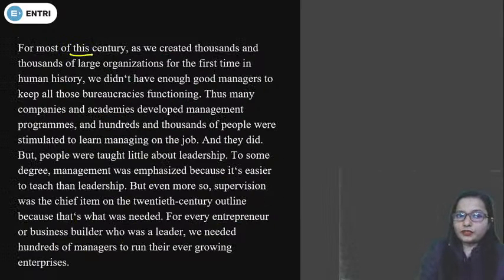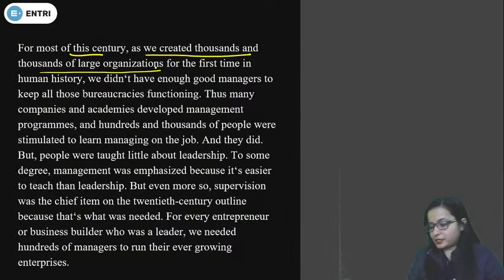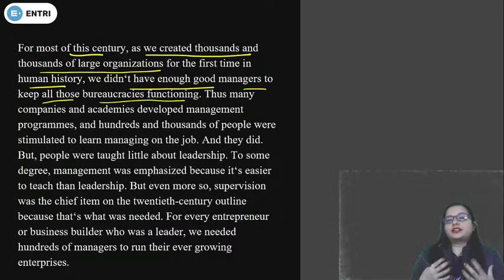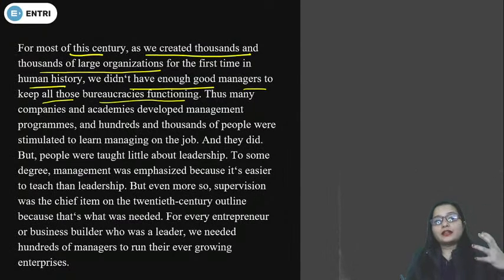For most of this century, as we created thousands and thousands of large organizations for the first time in human history, we didn't have enough good managers to keep all those bureaucracies functioning. So there is a lack of good managers.